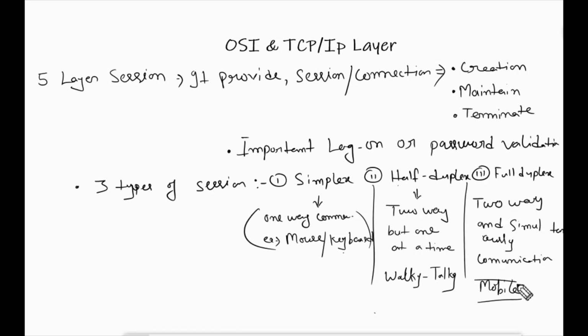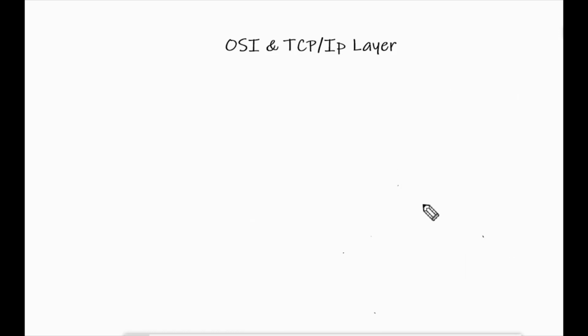So this is all about the session layer. Now let's move on and see the presentation layer. The presentation layer is the sixth layer. This layer is responsible for data representation by converting between application and network format.